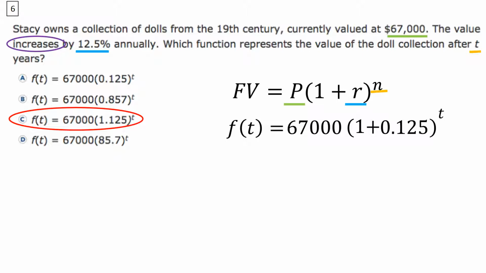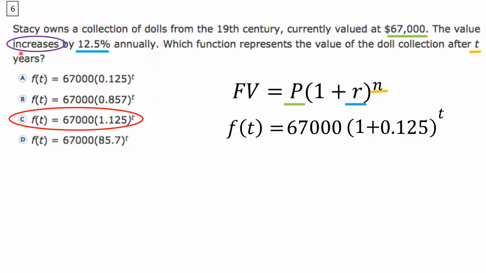Now, if you look at these, b would be if it was some sort of a depreciation, although even the numbers don't quite line up there. I think that would be 0.152 subtracted, 0.143, I don't know, something like that. I guess I should take the time to subtract it before I talk about it. But it's depreciation.